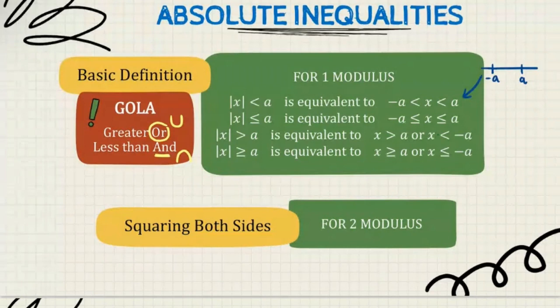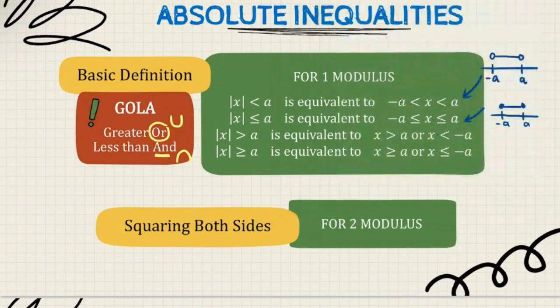So bila less than, the answer will be in between lah. Okay, so kalau dia ada equal kat sini, so maksudnya bulatan kita akan bulatan penuh, bulatan penuh negative a sehingga a.